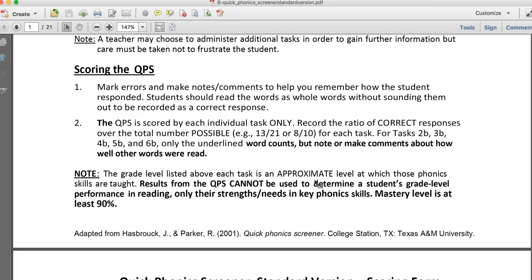So just kind of keep that in your mind. You really can't use this assessment to determine their grade level, but you can determine their strengths and weaknesses in phonics skills. And mastery for this assessment is 90% and above.